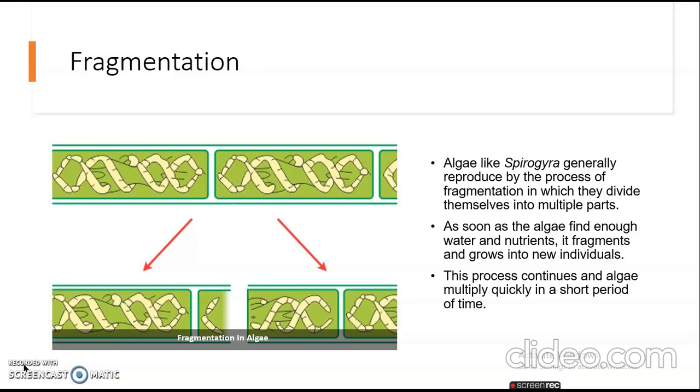As soon as the Spirogyra algae find enough water and nutrients, they fragment and grow into new individuals. This process continues and these algae multiply quickly in a short period of time. So this was fragmentation.